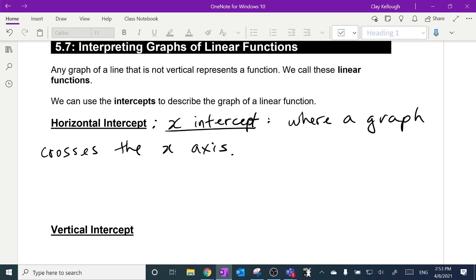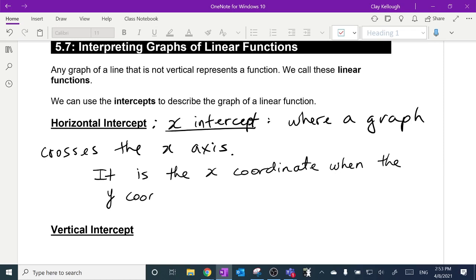And if you're looking at data points, it is the x coordinate when the y coordinate is, finish my sentence. Right, because remember, everywhere along the x-axis, y is 0. Does that make logical sense?